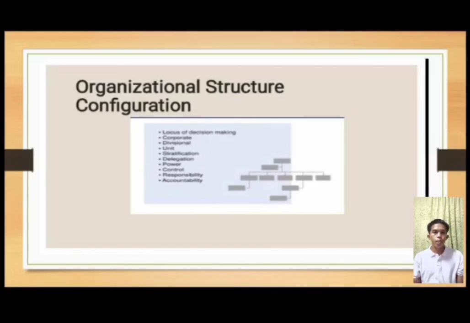Control, the mechanism used to ensure that tasks are completed as planned and goals are met. Responsibility, the duties or tasks assigned to individuals or teams. And lastly, accountability, the obligation of individuals to report and justify their actions or decisions to others.